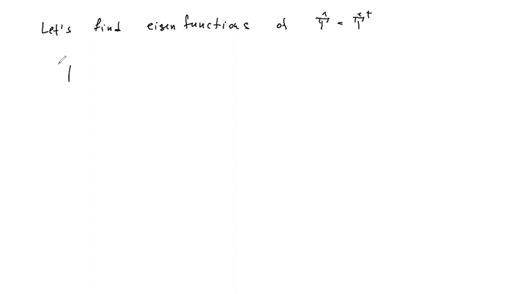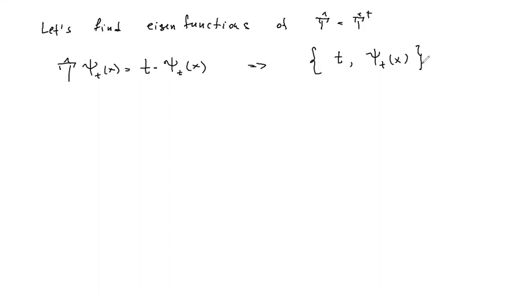So let's say my operator T is acting on some state. I'm going to get some eigenvalue and the same function. So we have a bunch of eigenvalues and corresponding eigenfunctions. For example, we can talk about the Hamiltonian, and for each Hamiltonian you have a stationary state and you have energy.